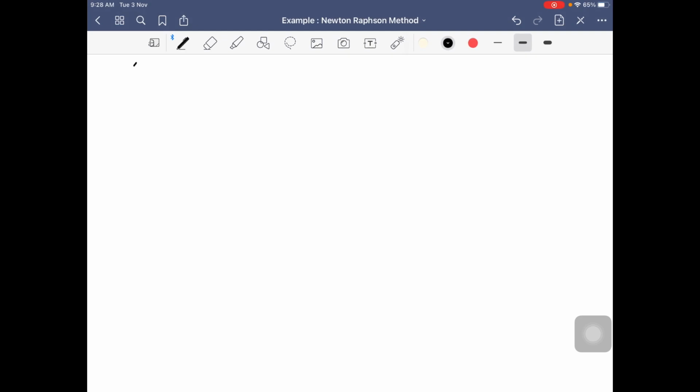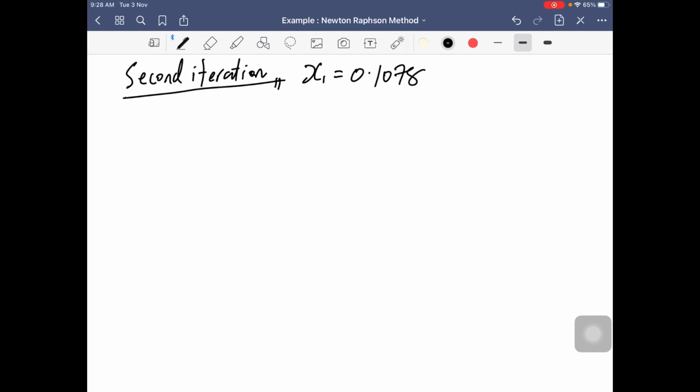Alright, so next we move to the second iteration. In the second iteration, we will use this information from x1, 0.1078.